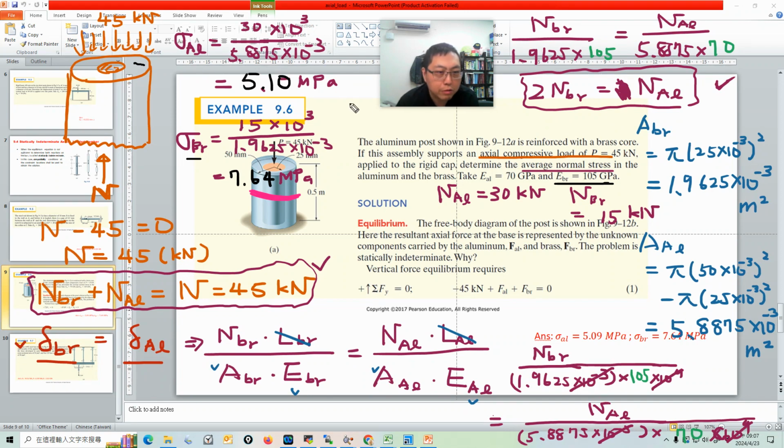Oh, do I miss something here? Oh, the inner part is taking more stress. Okay, so I made another mistake. The inner part is brass, so you see the inner part takes more stress because it is the stiff material. I thought the stiff material was the shell, but it is reversed: the core is stiff and the shell is soft.